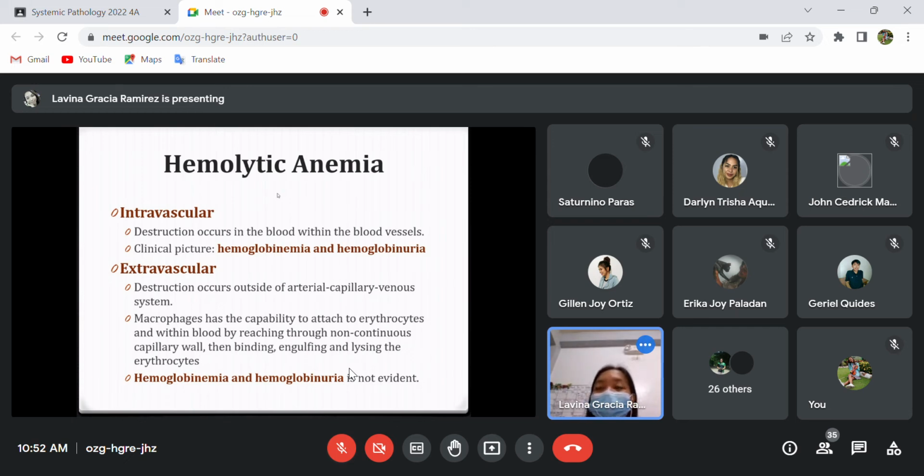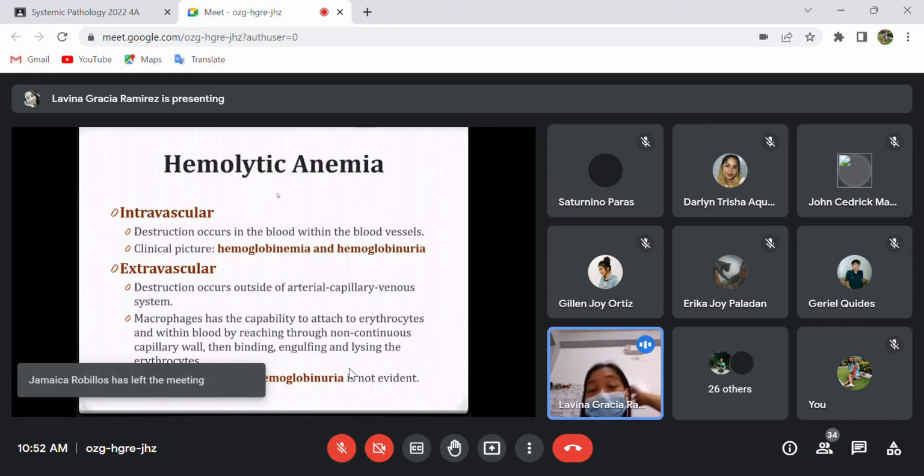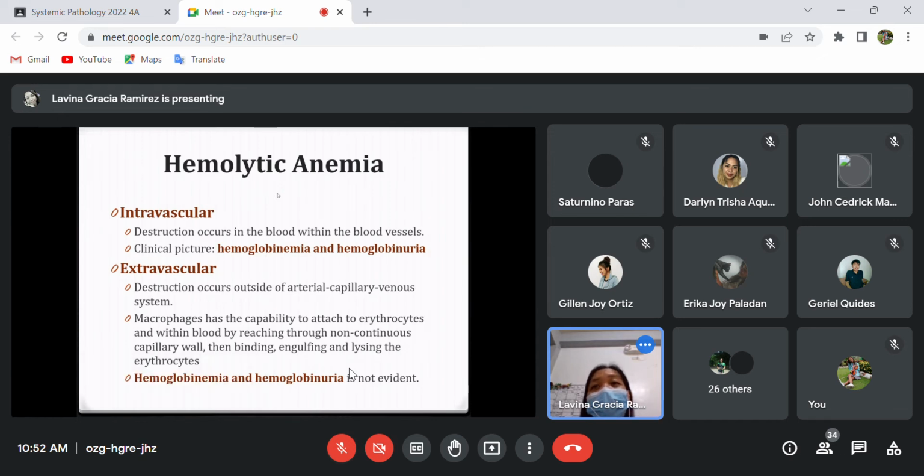Clear? Clear tayo. Naintindihan nyo. I hope naintindihan nyo yan. Napakadali lang naman siya. So don't forget that intravascular lysis is within the blood vessels, and for extravascular, lysis of RBC is within a macrophage.